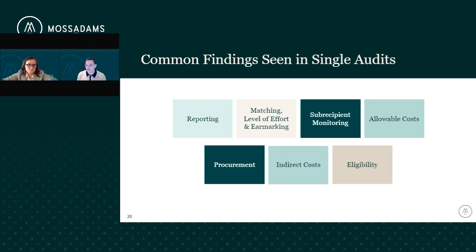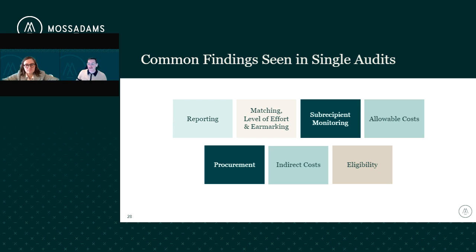Procurement, not having those policies in place and not purchasing as specified. Allowable costs, sometimes they slip through the cracks, but making sure that you're tracking them as clearly as possible throughout the award so that you can take action before your auditor maybe finds the unallowable costs.